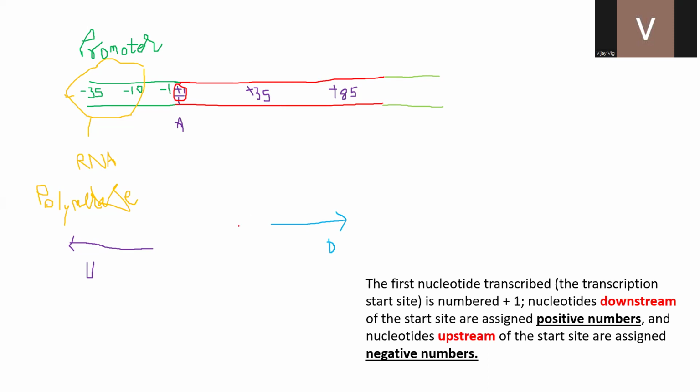All the nucleotides downstream of that are assigned positive numbers, as you can see here, and all the nucleotides upstream of +1 are assigned negative numbers. So -35 means the 35th nucleotide before +1, and +35 means 35 nucleotides after +1, or let's say +85 means 85 nucleotides after +1. So the promoter sequence always has negative numbers.